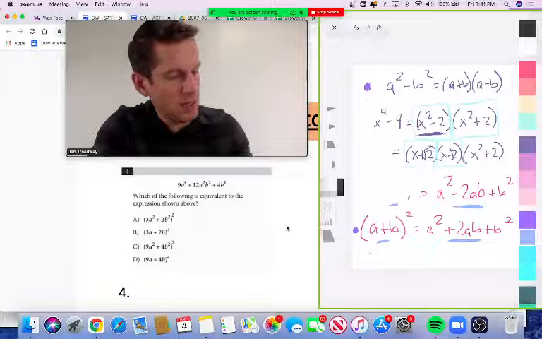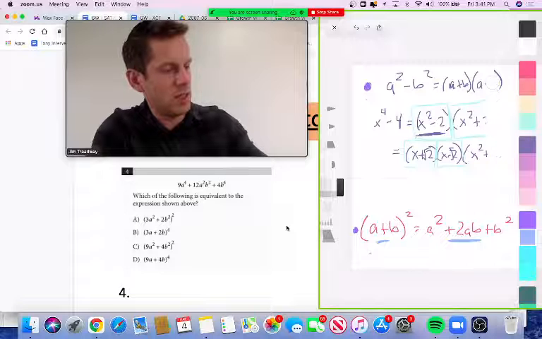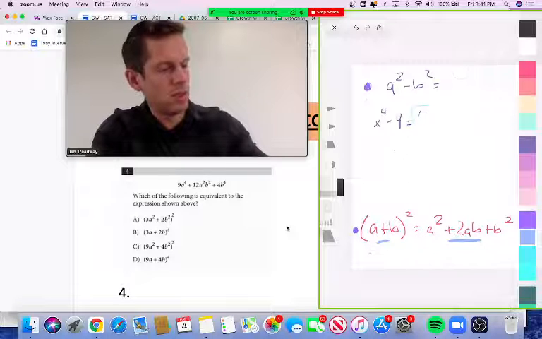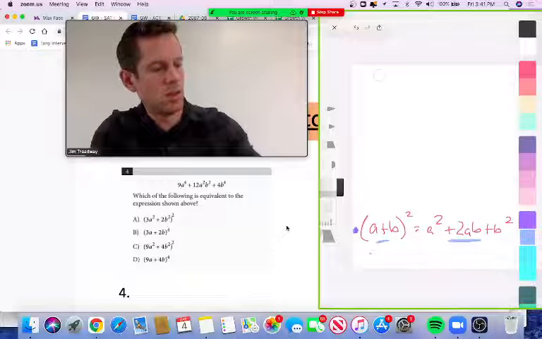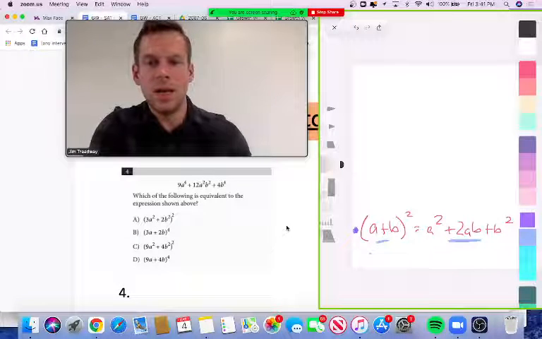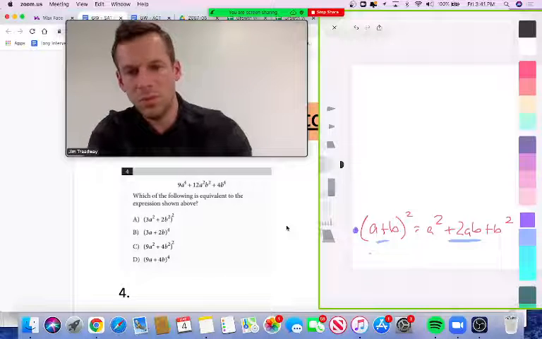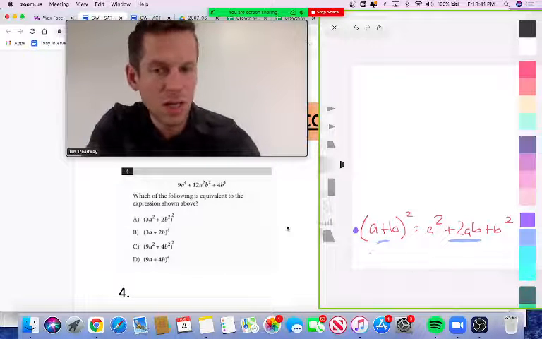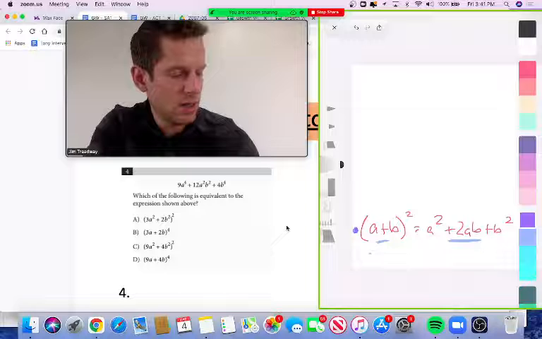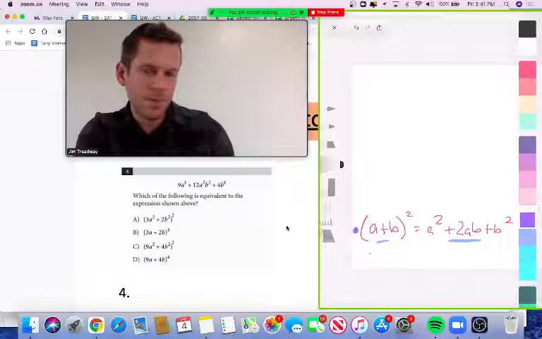I'm going to keep that equation down there since it's the one we're going to use in the question. All right, so which of the following is equivalent to 9a to the fourth plus 12a squared b squared plus 4b to the fourth? So all you got to think here, you got to recognize, this is the square of a plus b formula.